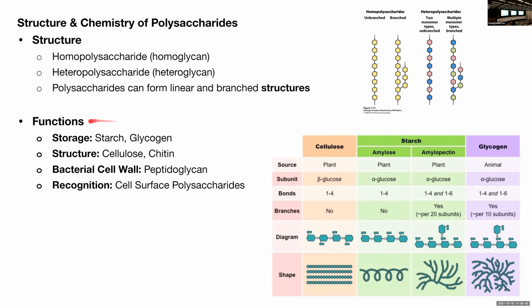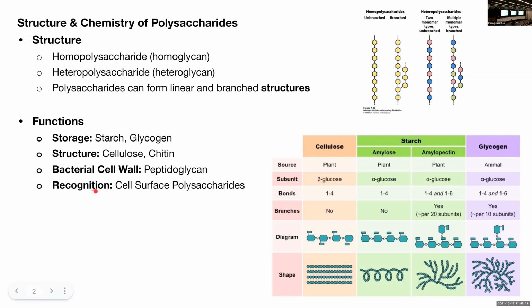Going back to the functions that the polysaccharides have, they're also involved in the bacterial cell wall, and an example is peptidoglycan, whose function and structure we're going to discuss within this lecture. This is a crucial part of the cell wall for the bacteria. And also the polysaccharides are involved in recognition during the cell signaling pathways.